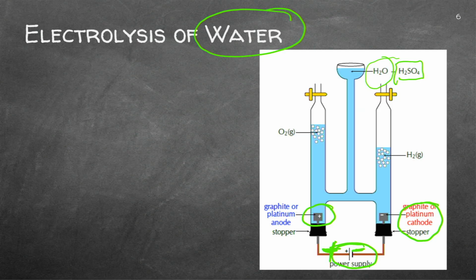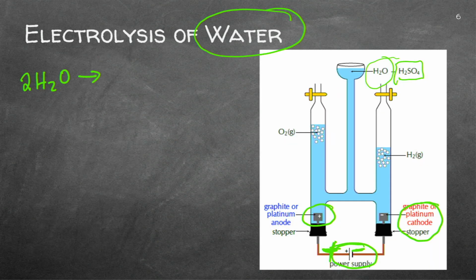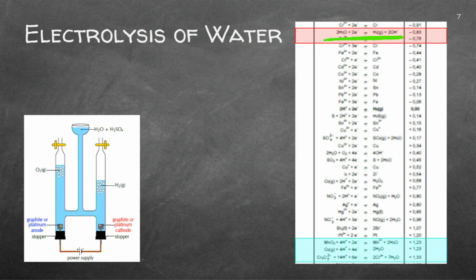So we've got 2 H2O plus 2 electrons forming H2 plus 2 OH-. And remember, that was at the top there.